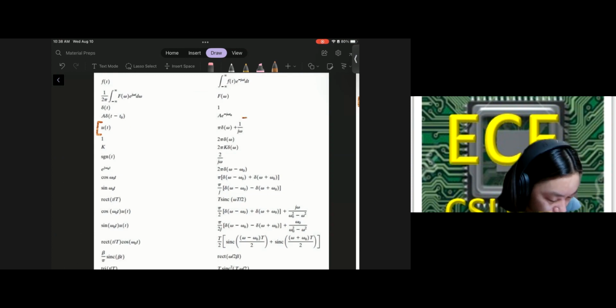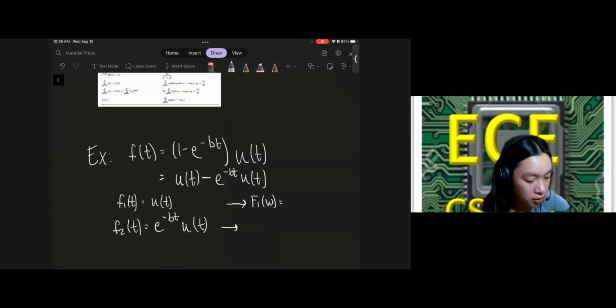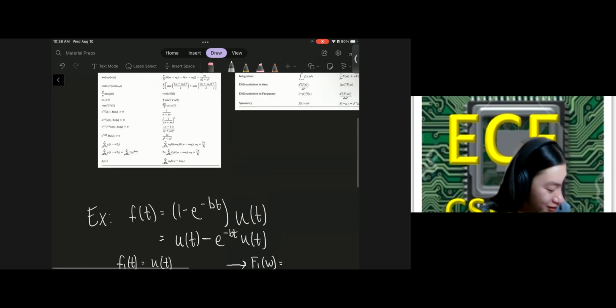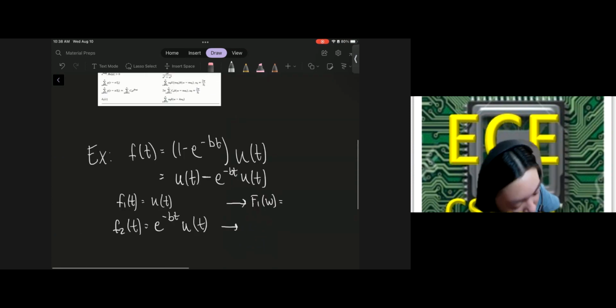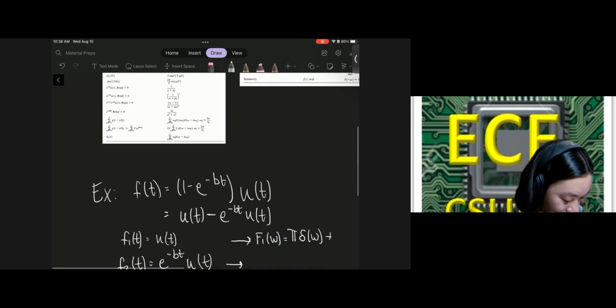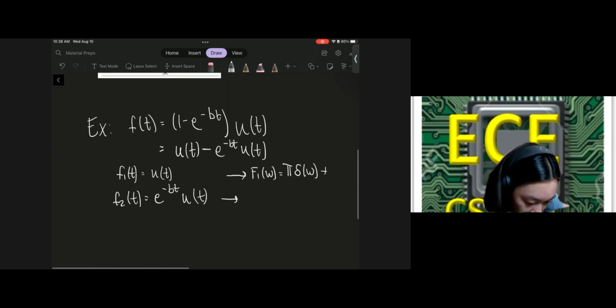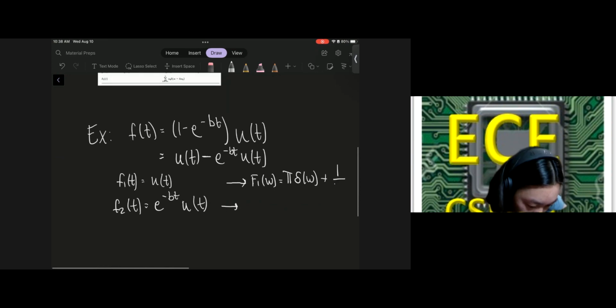U of t. So that means I can just write pi delta omega plus 1 over j omega.